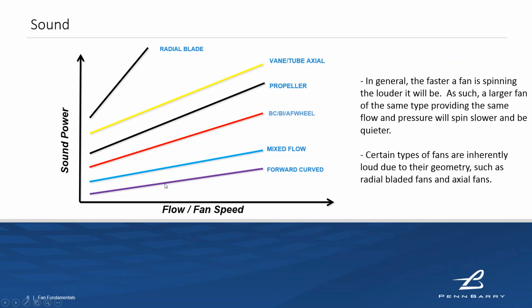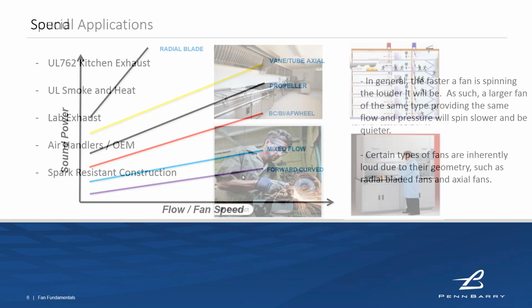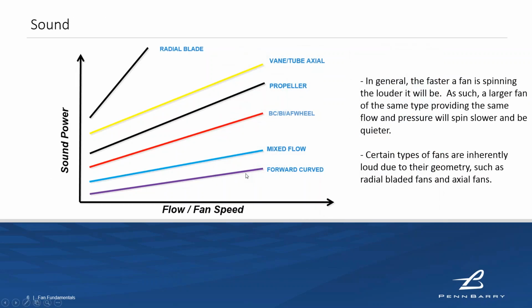And again, forward curved fans have the most desirable sound characteristics, not only in terms of amplitude of sound, but also the spectrum. They fall on the A-weighted scale very nicely. It's the sound that we are used to when we hear a fan. It's not high-pitched, it's not droning, it's just kind of a smooth sound that we find acceptable.